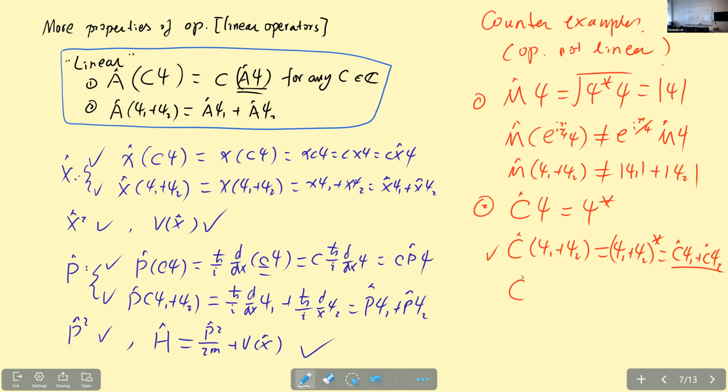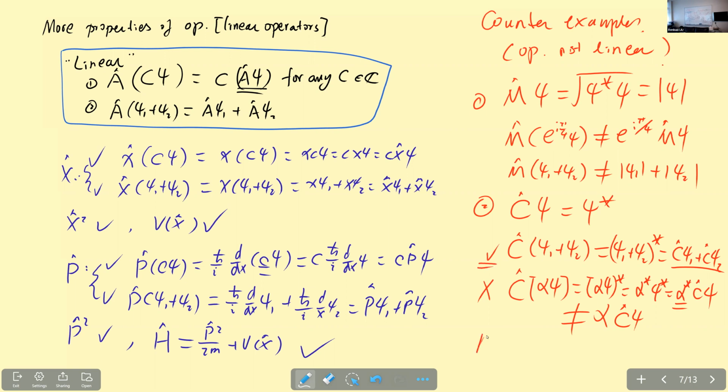However, if we multiply psi by any complex number alpha, C acting on alpha psi equals alpha star psi star, which equals alpha star times C psi. So this is not alpha times C acting on psi. That means it's not linear. It satisfies the second condition, but not the first.